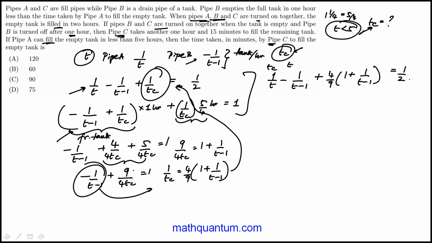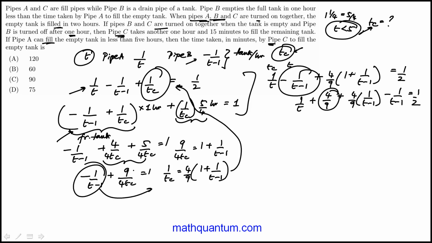Equal to half. So that's the equation, and I'll distribute that: 4/9 plus 4/9 times 1 over t minus 1. And then I'll move this because I'm going to merge it here, 1 over t. So move that to the other side as well. So that would be half minus 4/9, which is 9 minus 8, so 1/18.